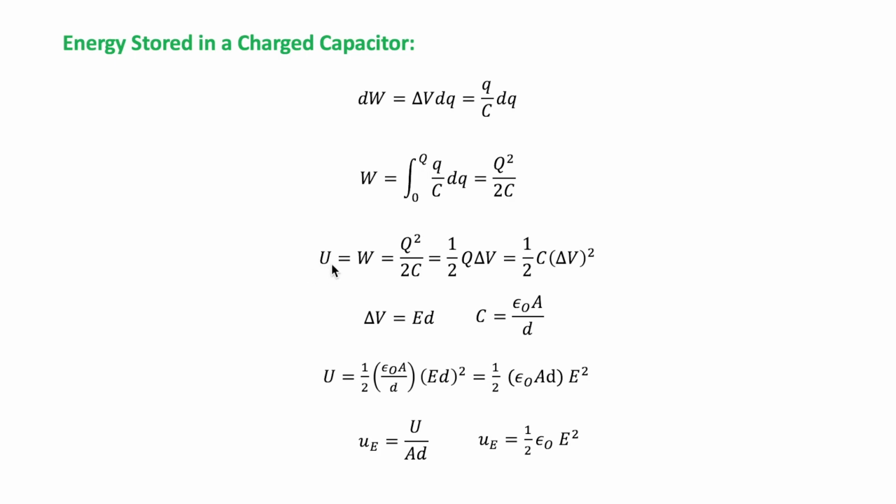Then the energy stored in the capacitor is equal to the work done to separate the charges, and this is equal to Q squared over 2C. And if we substitute, we can express it this way or that way, using the equation for the capacitance, so delta V is equal to Q over C.